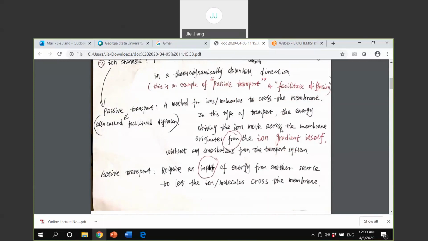But for passive transport, you don't need to input energy. Instead, you only use the gradient itself. So those are the three classes of membrane proteins and the two transport methods we have to understand. Okay.